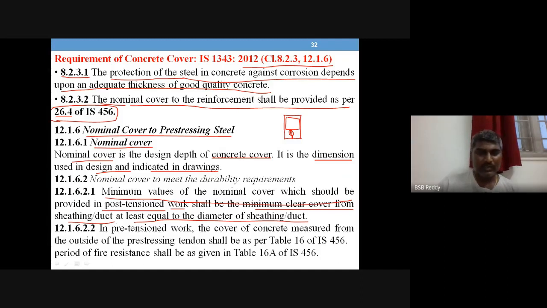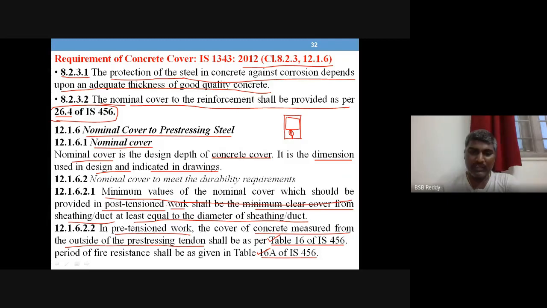Okay, right. In pre-tensioned work, that was for post-tension. The cover of the concrete measured from the outside of the prestressing tendon shall be as per table 16 of IS 456. That means the period of fire resistance shall be given as per table 16A. Okay, so both table 16 and 16A of 456 will decide the clear cover for pre-tensioned work. So for post-tension work, it is clear.